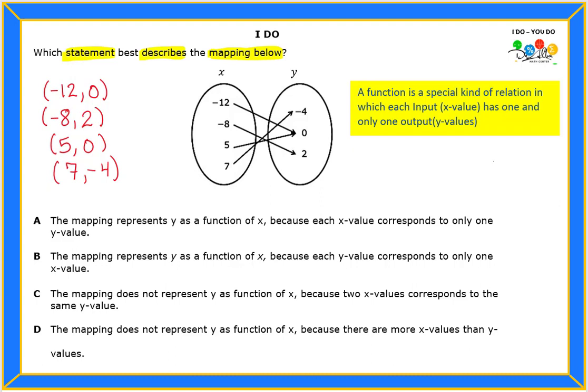My definition says, a function is a special kind of relation in which each input x value has one and only one output value, okay? And if you remember, this basically means x cannot repeat, right?